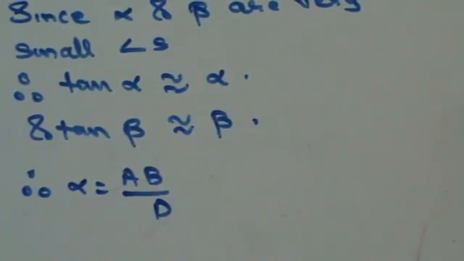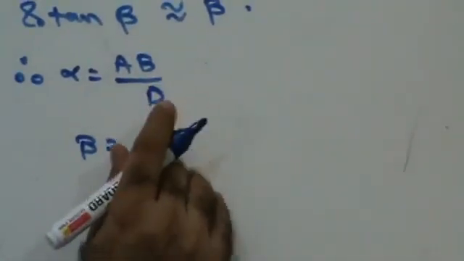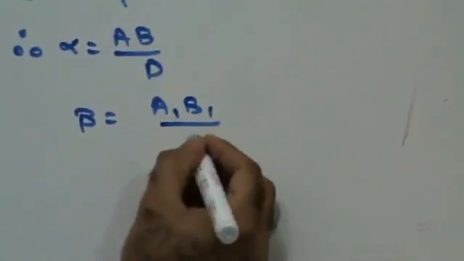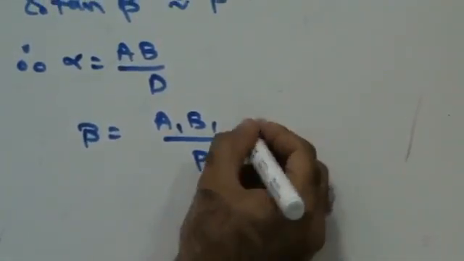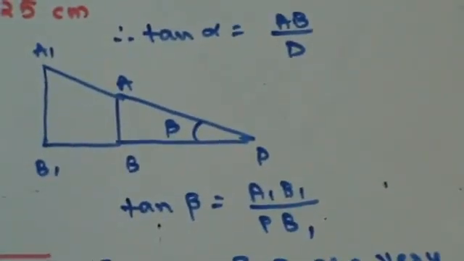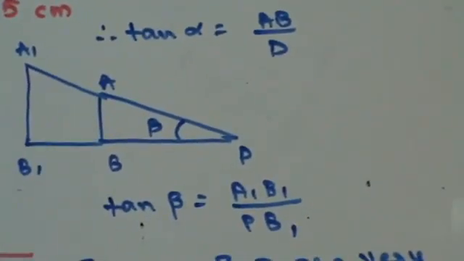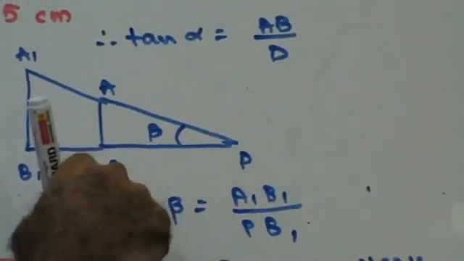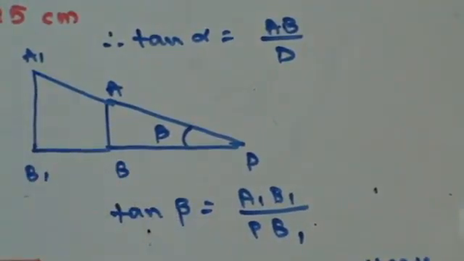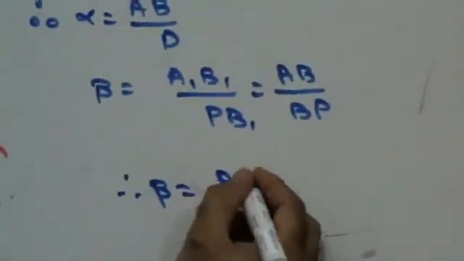And beta is A1B1 upon PB1, which is also equal to AB upon BP. But BP is the distance of the object from the lens, written as U. Therefore, beta is nothing but AB upon U.